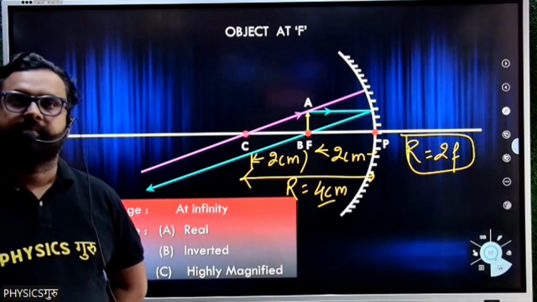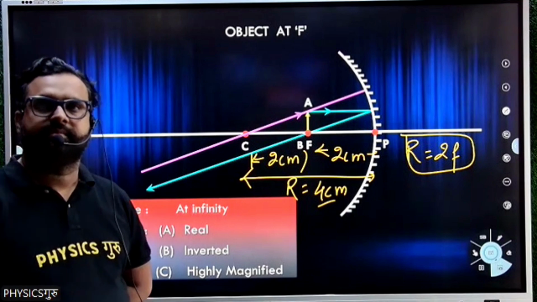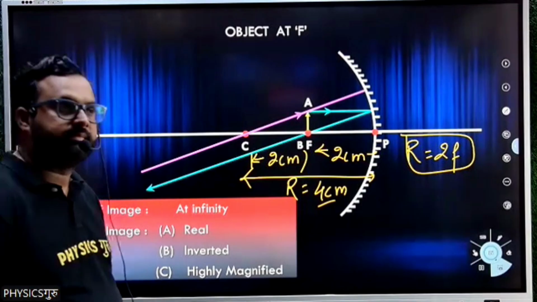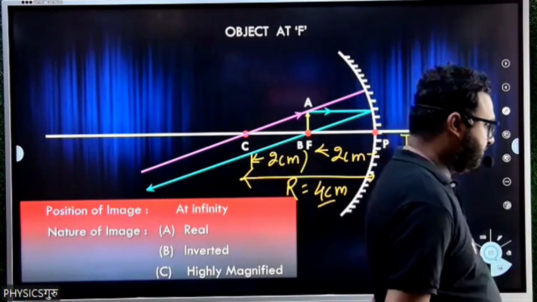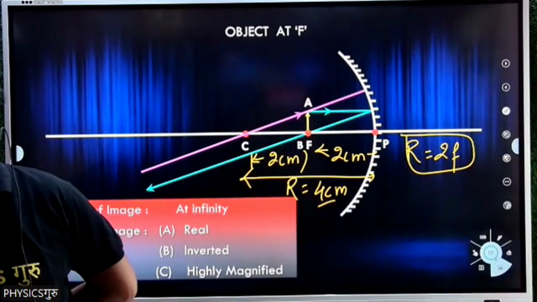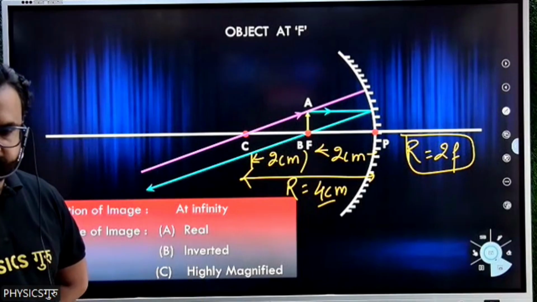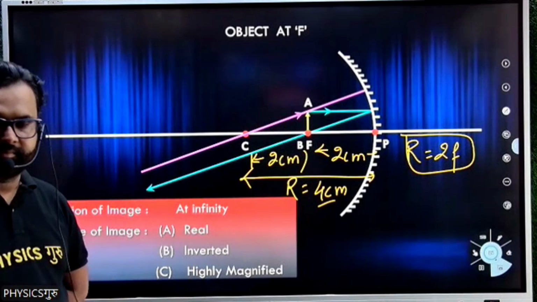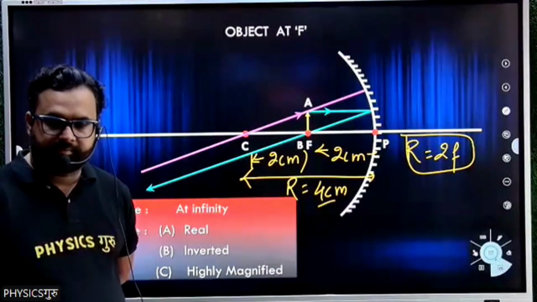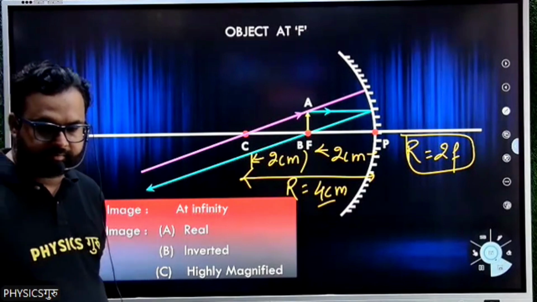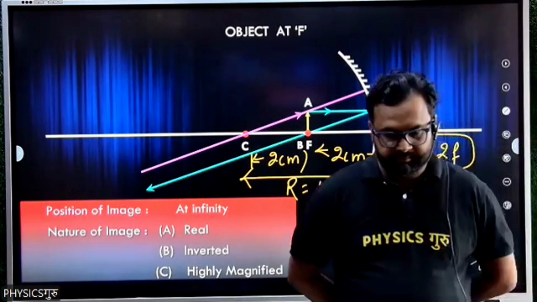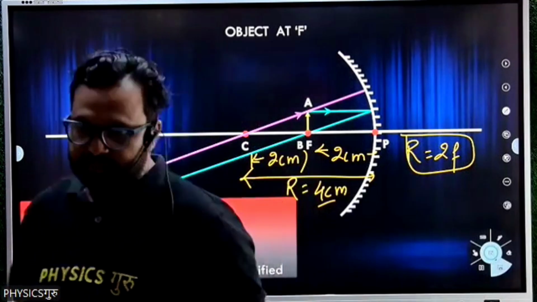Sir, it passes through the point C. Yeah. Done, Krishna?